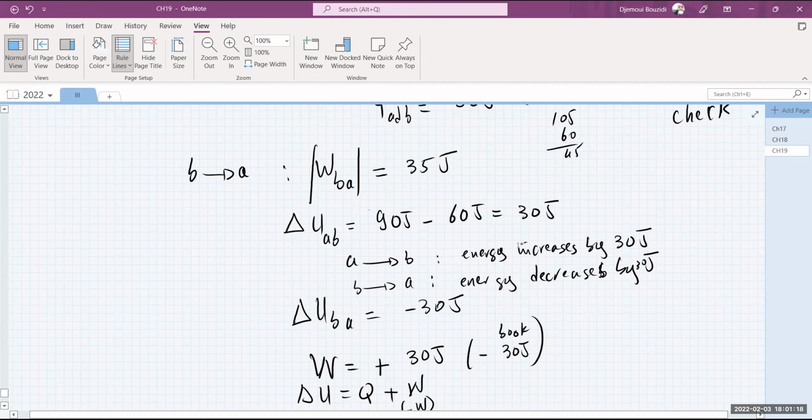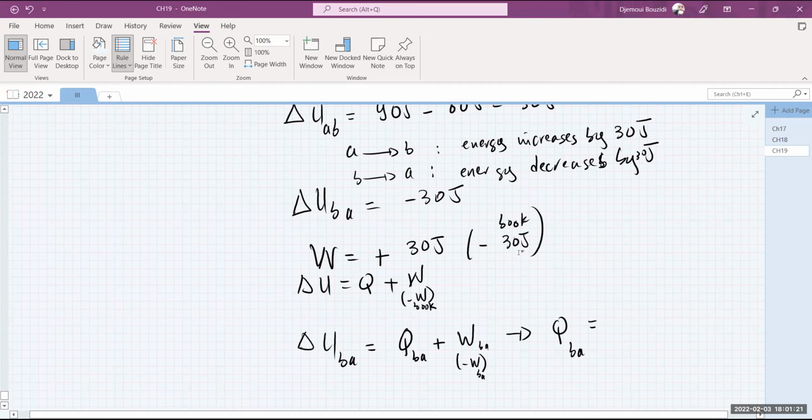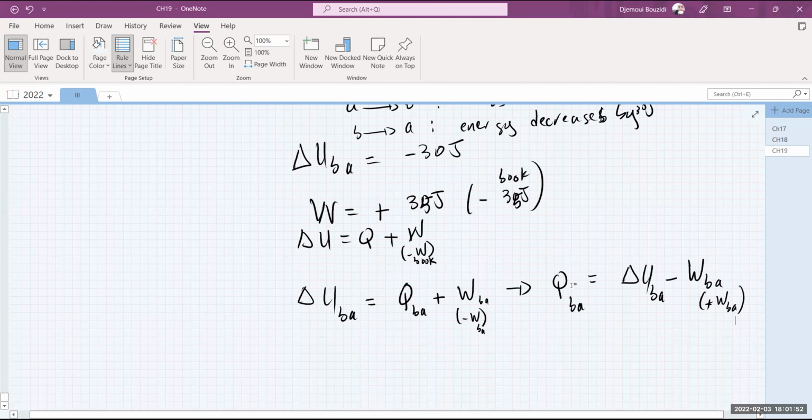No, W was given to be 35, I'm sorry. 35 was given. That's what the question was saying, so we have to pay attention to this number here. So Q is delta U in BA minus, according to us, the work from B to A, and according to the book, it's going to be plus W BA. It's going to be the same number anyway.